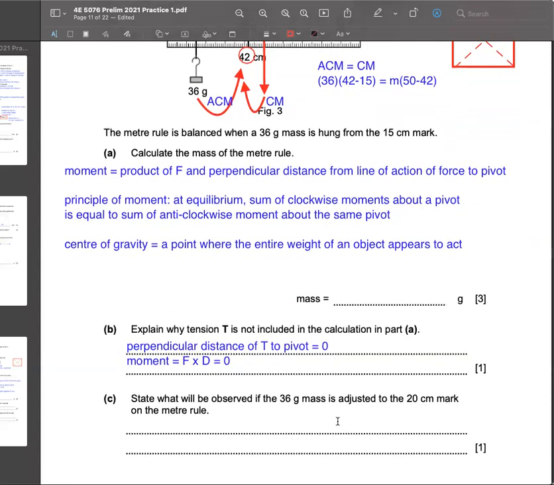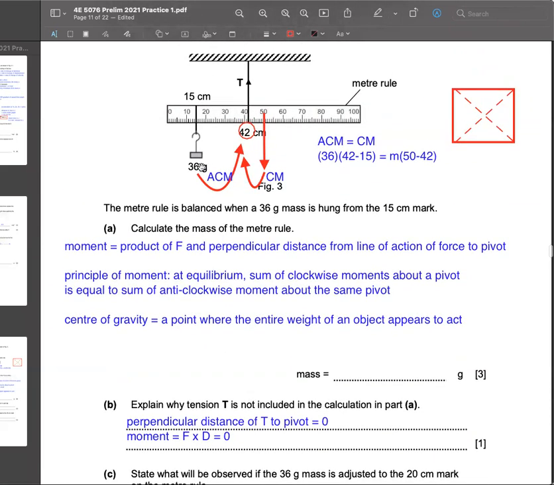All right. State what will be observed if the 36 gram mass is shifted to the 20 cm mark. So what happens when the 36 gram is shifted to the 20 cm mark? What happens to the ruler? Will it turn or not? Will the ACM increase or decrease?